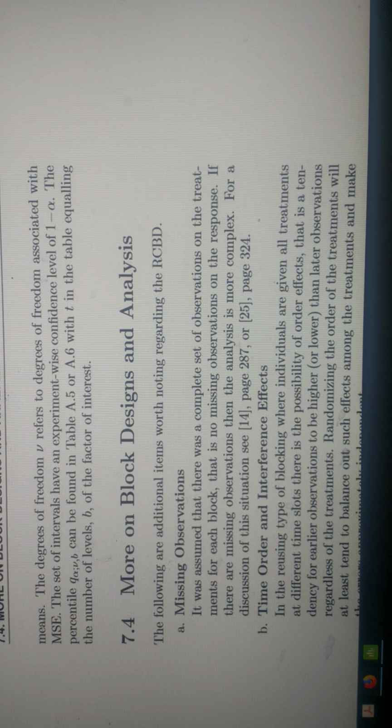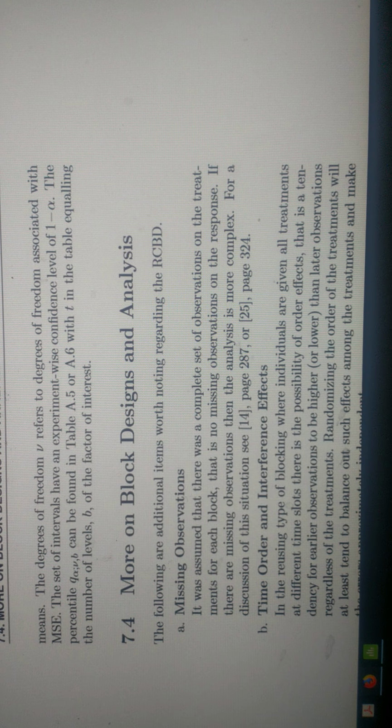One could be a sequential sum of squares where the first factor listed would get as much of the variation as possible, and then whatever's left over would be apportioned to the other factors in order. Or you could do what's called a type 3 sum of squares. In a type 3 sum of squares, you try to adjust for each of the other factors jointly when you do it. And the weird thing about those is they don't always add up to the total sums of squares. But let's not go there now.